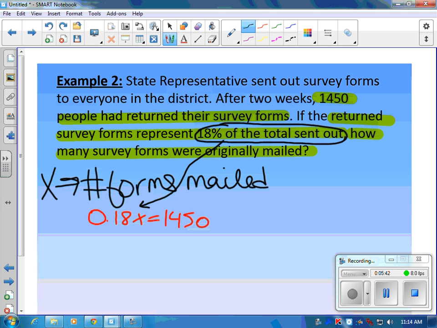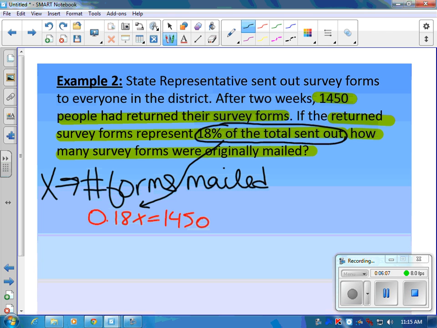So we have to multiply 18% times our variable, times the total number of forms that we sent out. Just because I see numbers in here doesn't mean I take 18% and multiply it by 1450. That's not what the problem tells me. The problem tells me that 1450 is 18% of the forms that I mailed. So I multiply 0.18 times x, and that has to equal 1450.